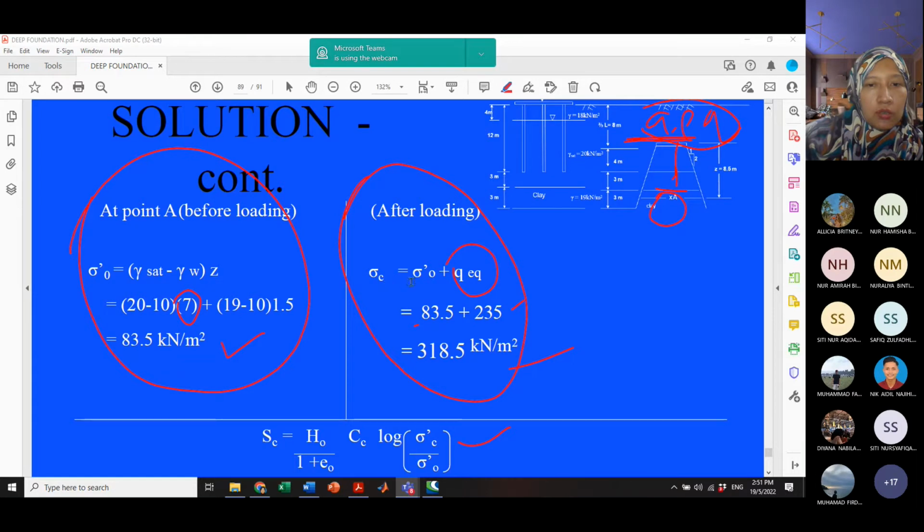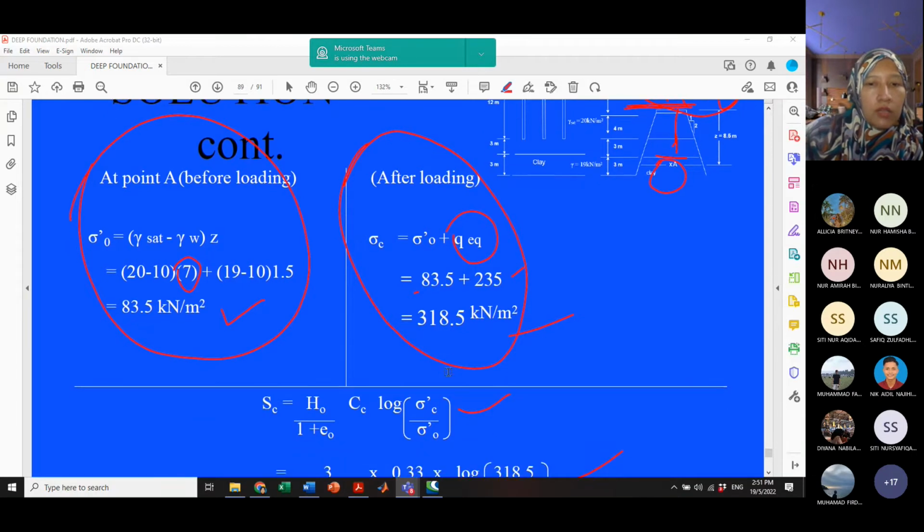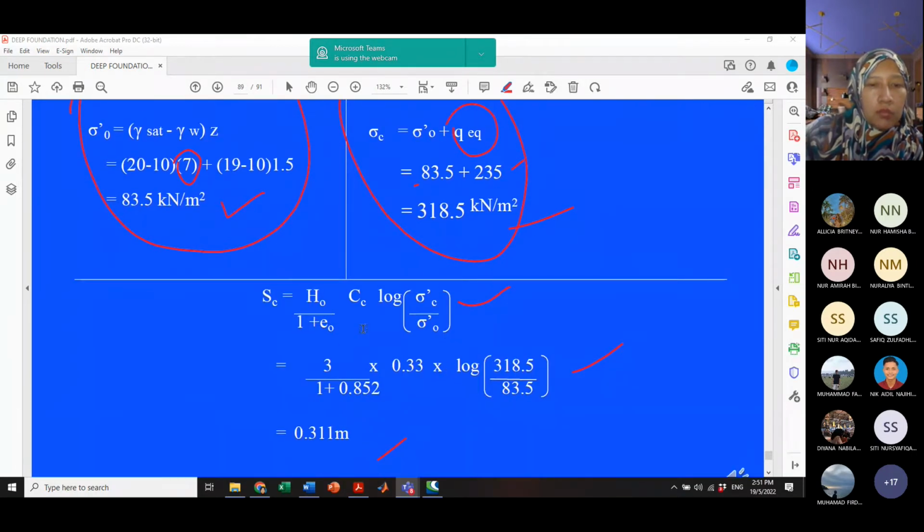Sigma C sama dengan effective sigma naught plus dengan QEQ. QEQ ni is the stress increment after you apply loading as a pile group. So you can see that the sigma C is 318.5 kN per meter square. Finally, we can estimate the primary consolidation settlement by substitute into these equations.